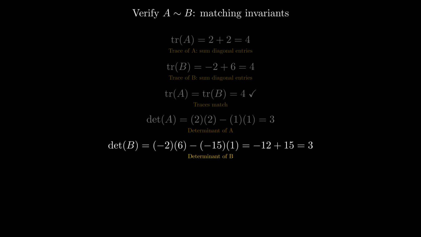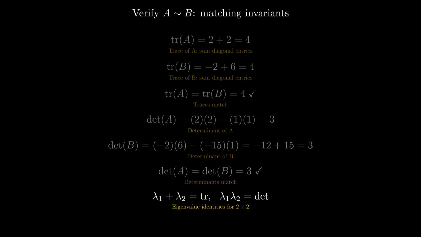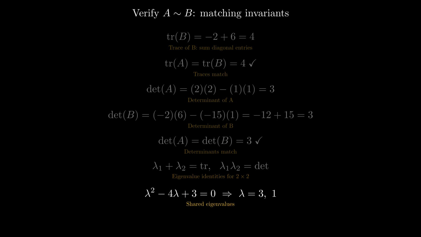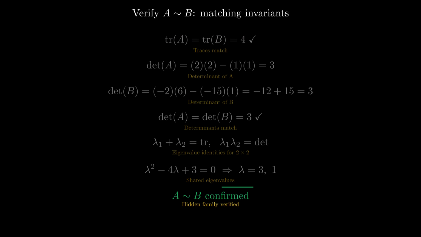For matrix B, negative 2 times 6 minus negative 15 times 1 equals negative 12 plus 15, which is also 3. They match again. Since the eigenvalues of a 2 by 2 matrix sum to the trace and multiply to the determinant, both matrices share the same eigenvalues, 3 and 1. The hidden family is confirmed.